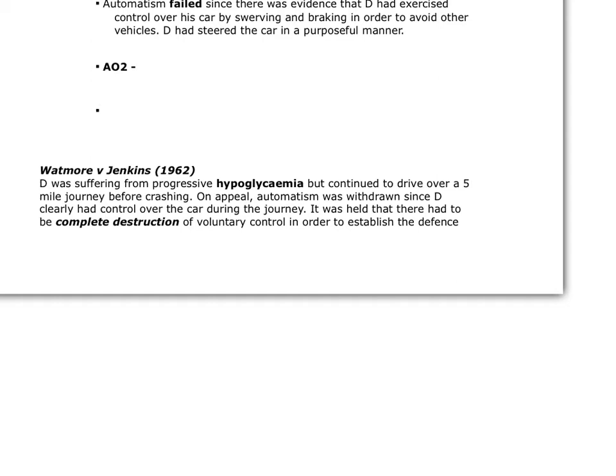D clearly had control over his car, bearing in mind he still drove for a duration of 5 miles. And it was held in this case that there had to be complete destruction of control for the defence to succeed.